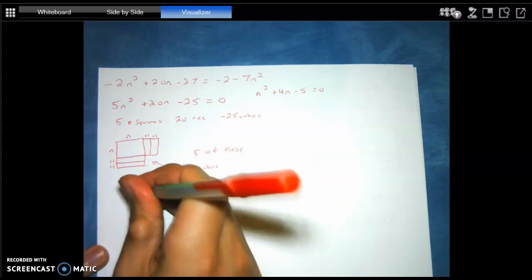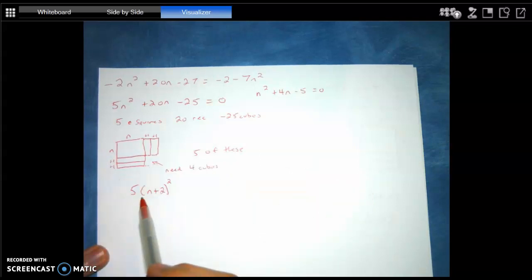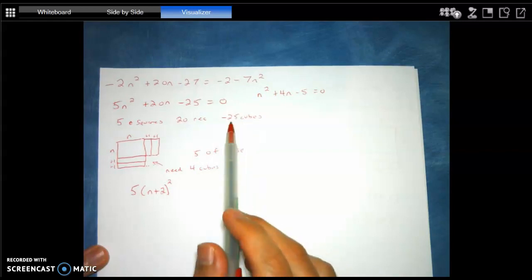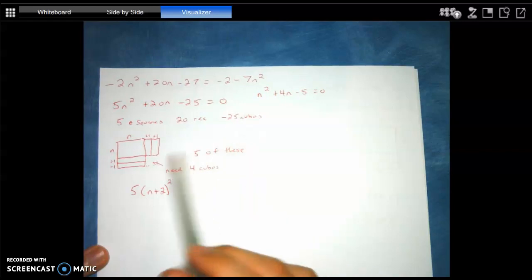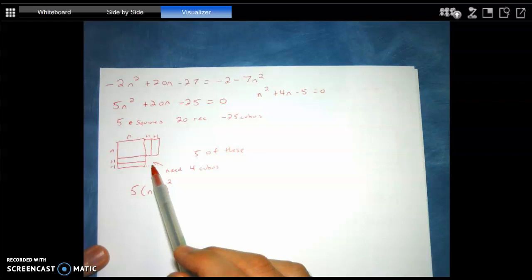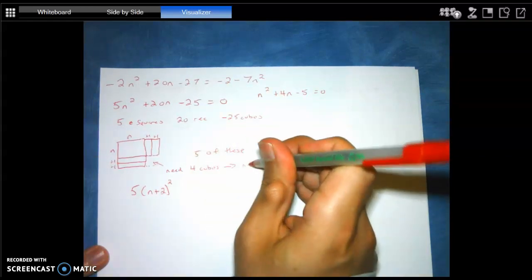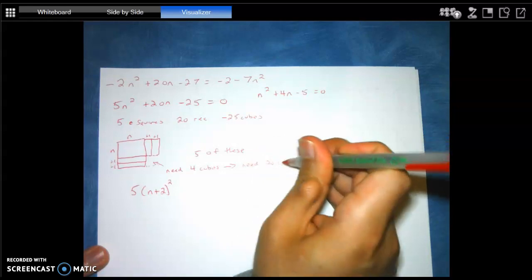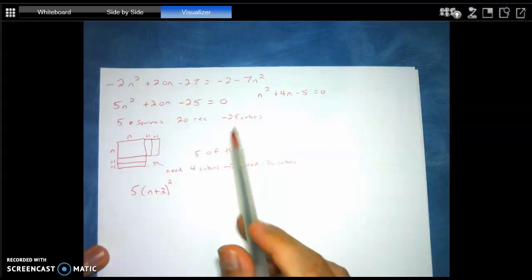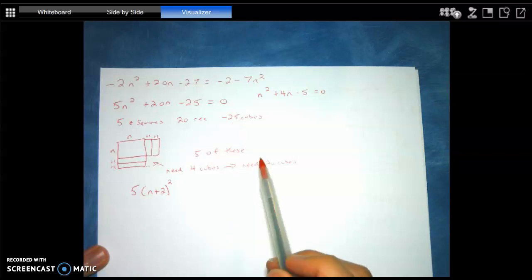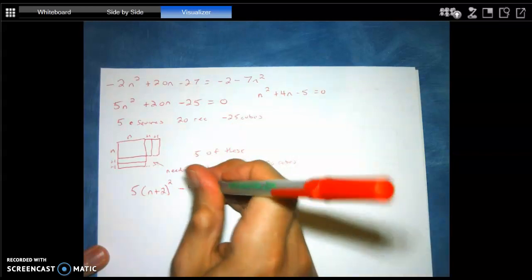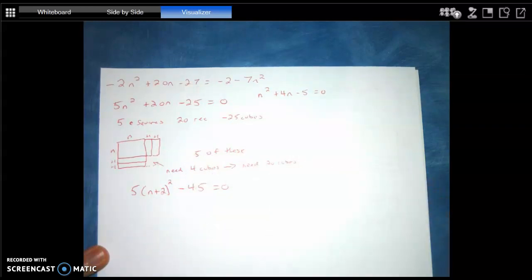I add 5 of those. I'm already in the hole 25 cubes. I need 4 more cubes to complete it, but I have 5 of those. So I actually need 20 cubes. Well, I'm already in the hole 25. What's another 20? So minus 45. And then you solve that.